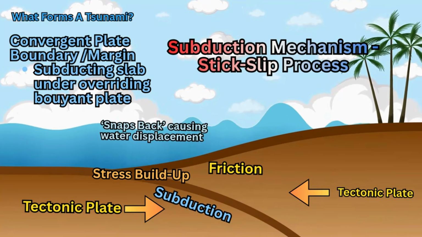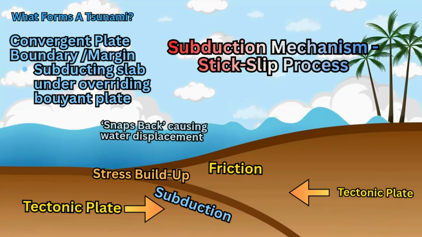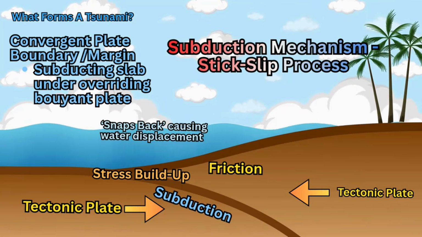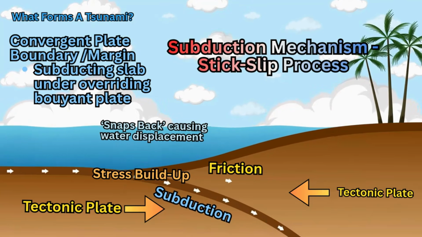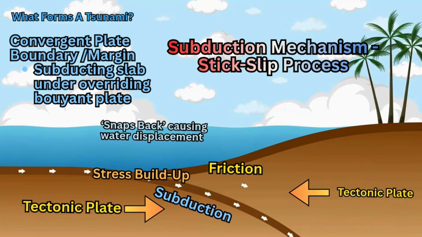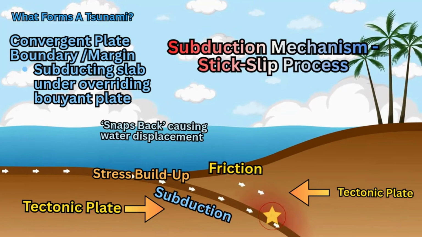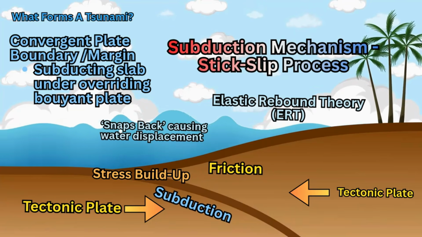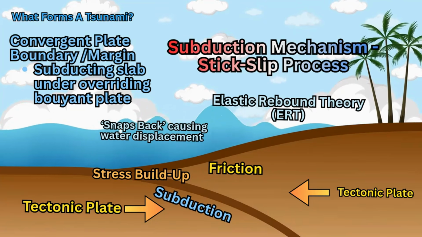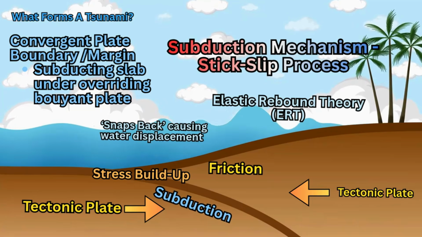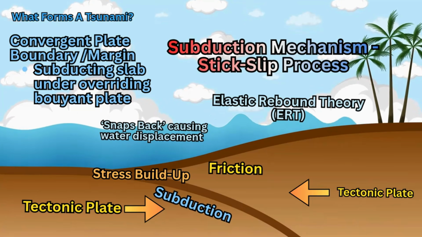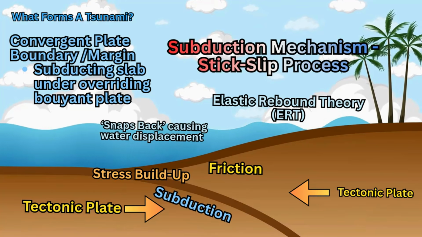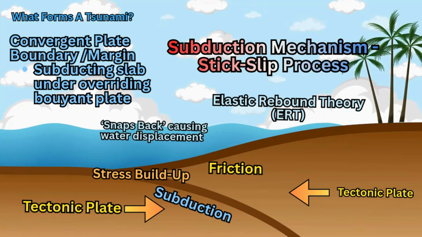Then over a certain time, the stress buildup and energy buildup within the rock and the contact and the friction gives way, and one side of the plate is going to snap back according to the elastic rebound theory and cause large water displacement. This displacement is going to basically travel through the ocean as a shallow water wave, a tsunami, and impact the coastline as seen in this animation.